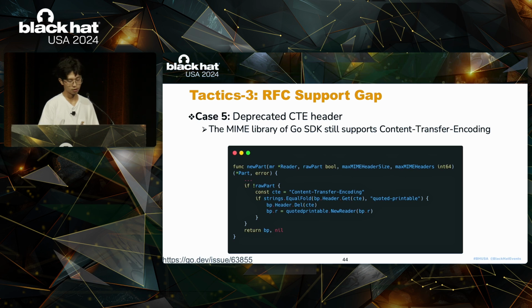The root cause is that the MIME library of Go SDK still supports the content transfer encoding headers. So when the content transfer encoding value is quoted-printable, it will automatically decode it.